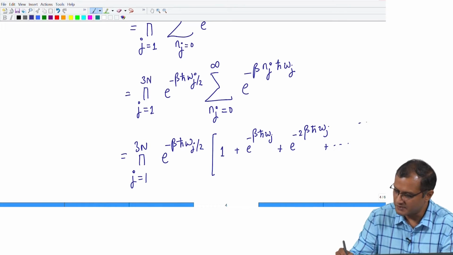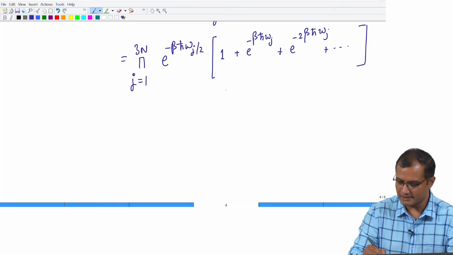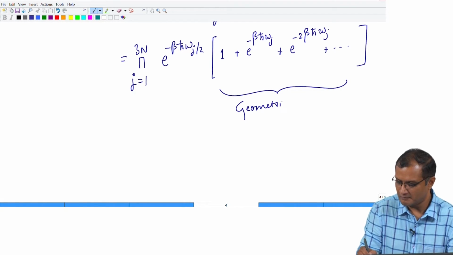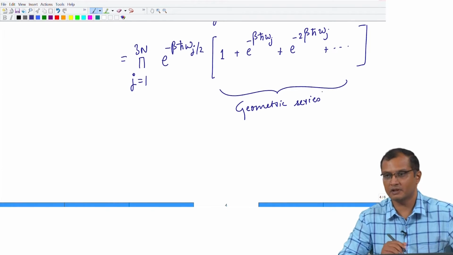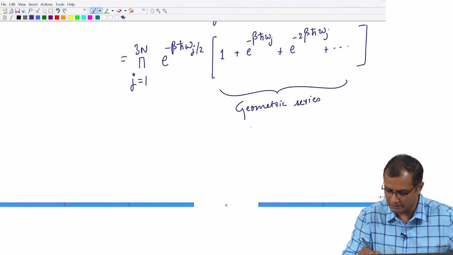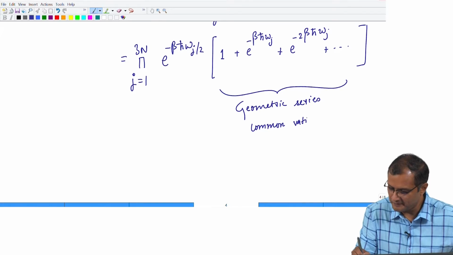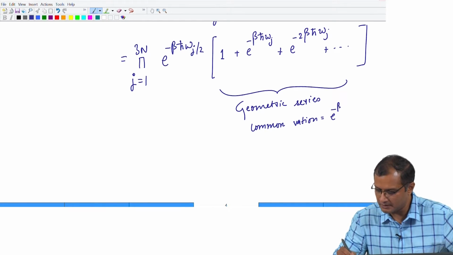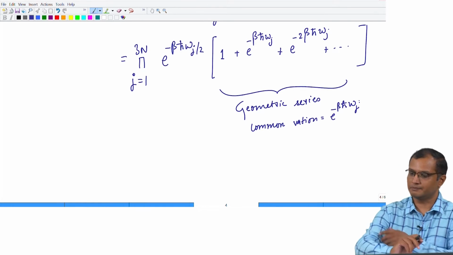You have infinite terms. So, if you look, this is a geometric series. And it converges for a common ratio, which is e to the power minus beta h cut omega j, that is the common ratio.